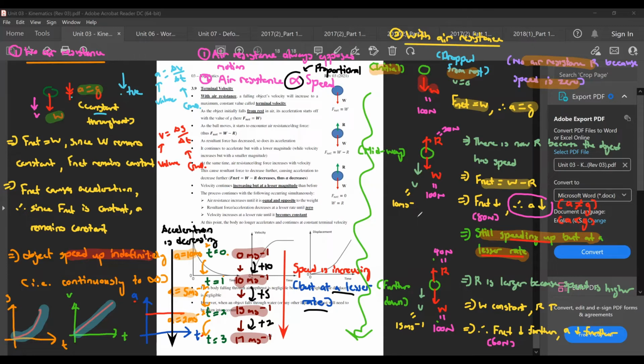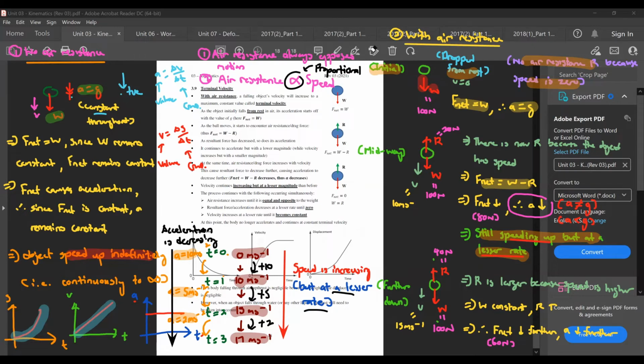The air resistance will actually only increase up to a point where it equals your weight. When it increases all the way until it is equal to your weight, you actually would stop speeding up.